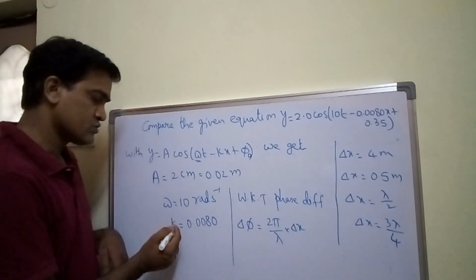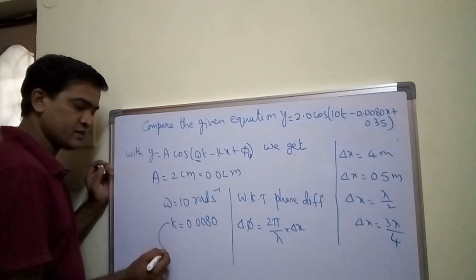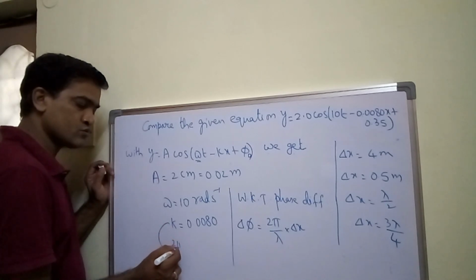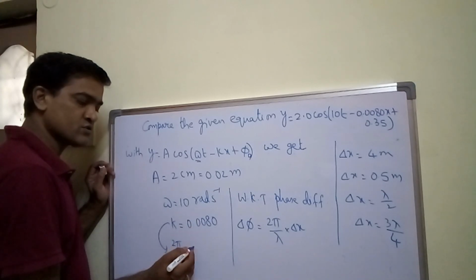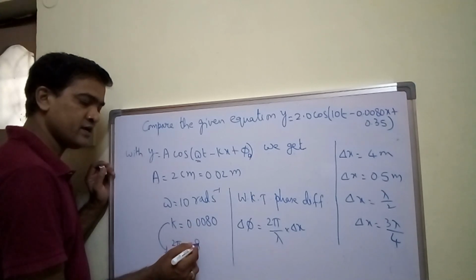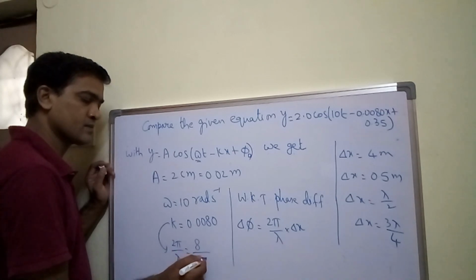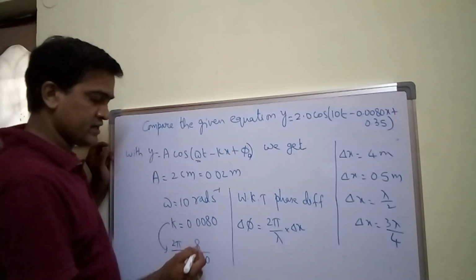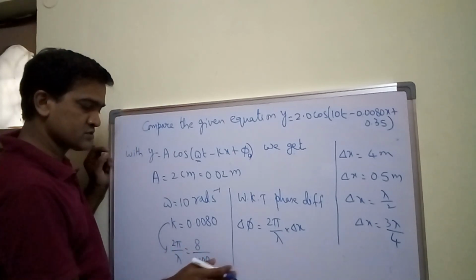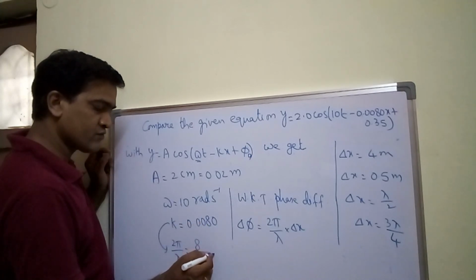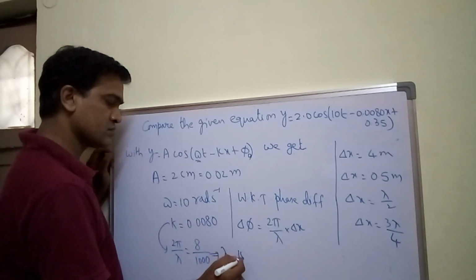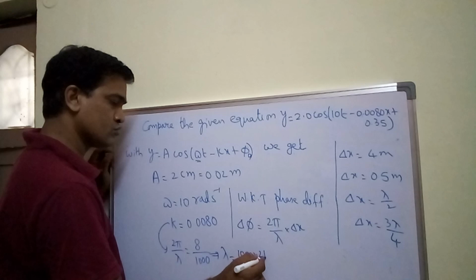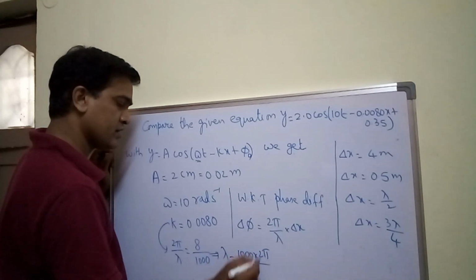Let me do. So k is what? Let me write here. This k is nothing but 2 pi upon lambda, which is equal to 0.008, can be written as 8 by 1000. Is it so? Right? 8 by 1000. So from this, if you calculate the value of lambda, wavelength is equal to 1000 into 2 pi, this is nothing but 1000 into 2 pi upon 8.